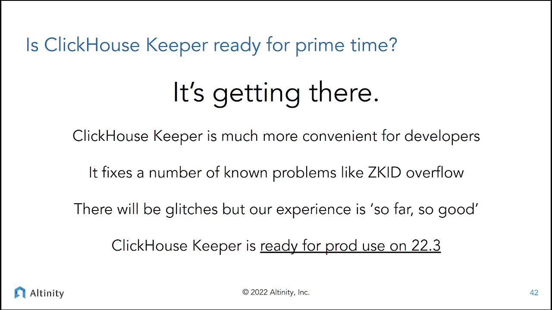And our assessment is it's ready for production use on 22.3, which is the next ClickHouse LTS. And I want to say congratulations to Sasha Sapin for doing such a great job. It's a really great step forward, and we're looking forward to using it. And in future, we'll have a lot more information about the ins and outs of running this thing in production yourself.